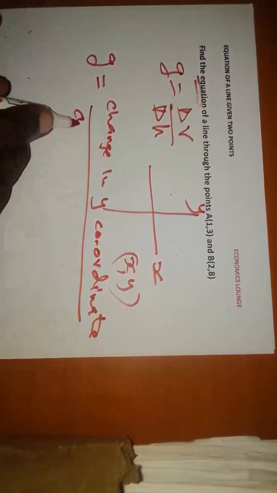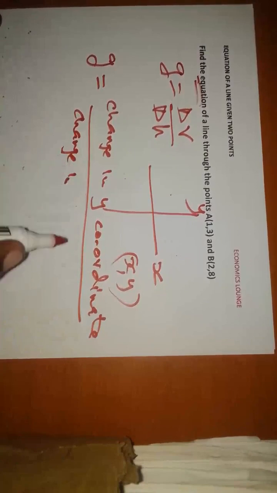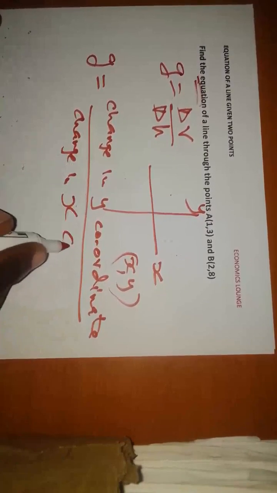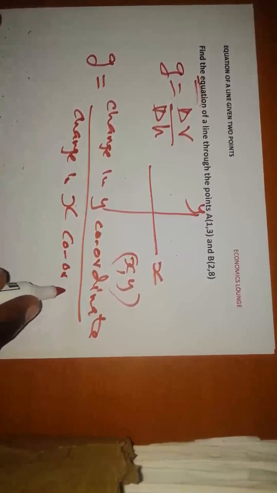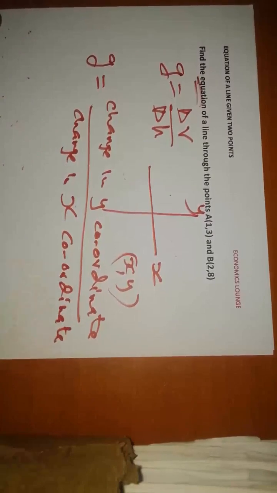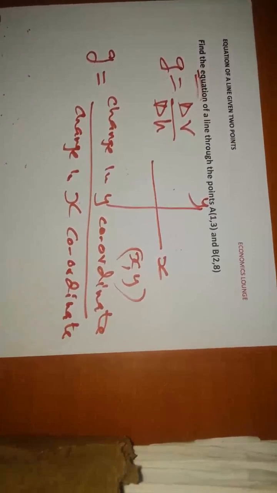But in our case, for a Cartesian plane, we normally say that gradient is given by the change in y coordinate over change in x coordinate.